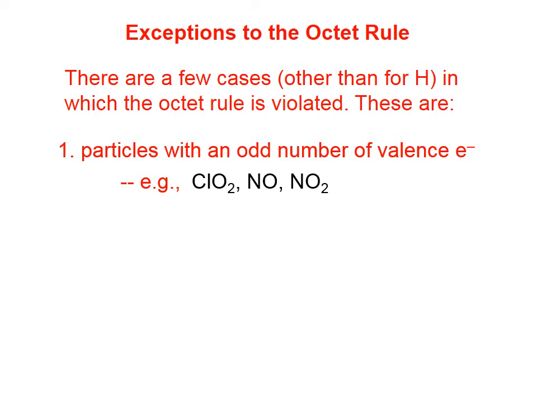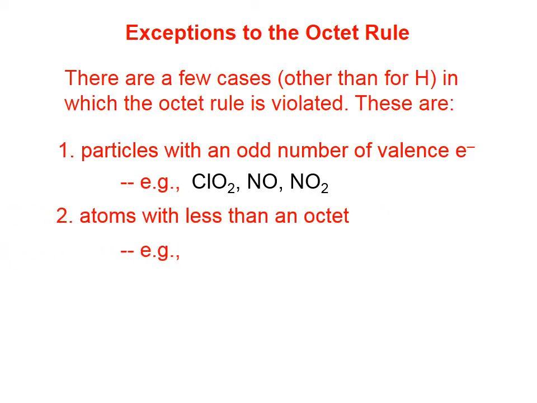This is a limitation of the Lewis model, not a limitation of nature. Nature does what it wants. The Lewis structure model works quite well in many cases, but not here.